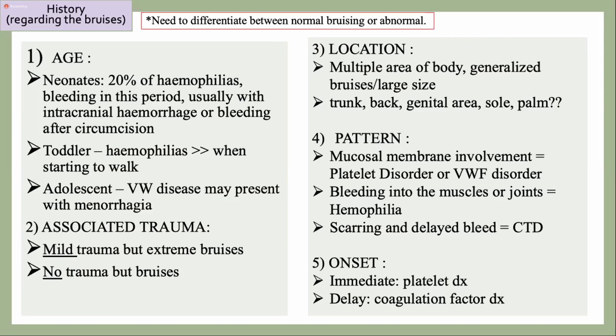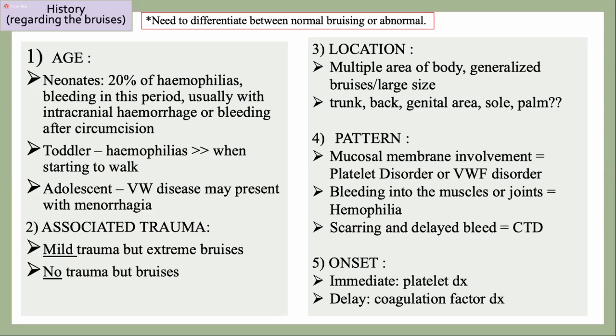Other than the age, we need to know the associated trauma that predisposed to that symptom. If there is trauma, we need to know to what extent the trauma actually occurred. If it's only a mild trauma, then extensive bruising is very significant, and the bruises may also occur spontaneously without trauma.